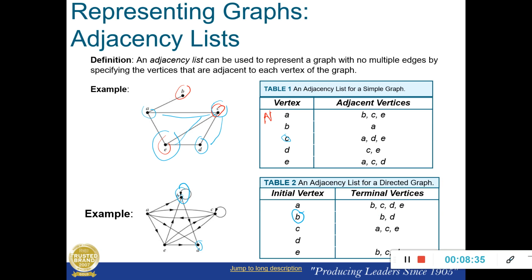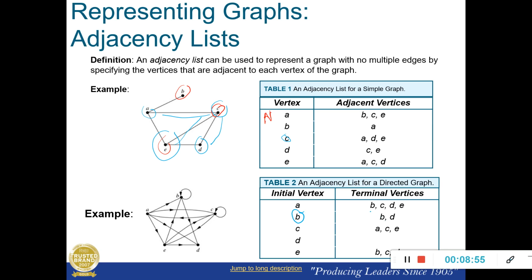For the undirected graph, the neighbor list or adjacency list is pretty straightforward. But for the directed graph, you must see where it terminates. Again, I will show you B here.